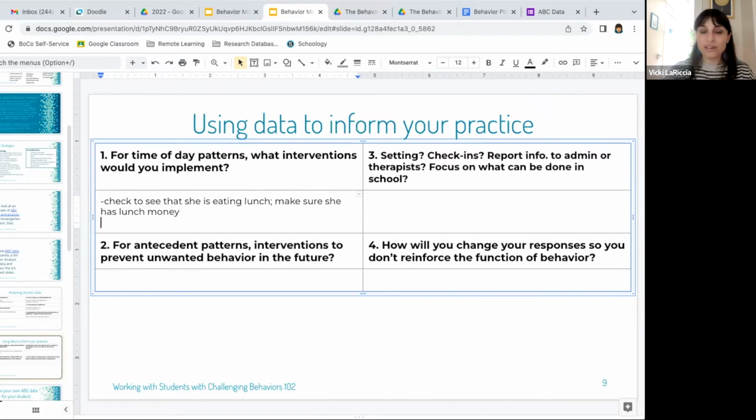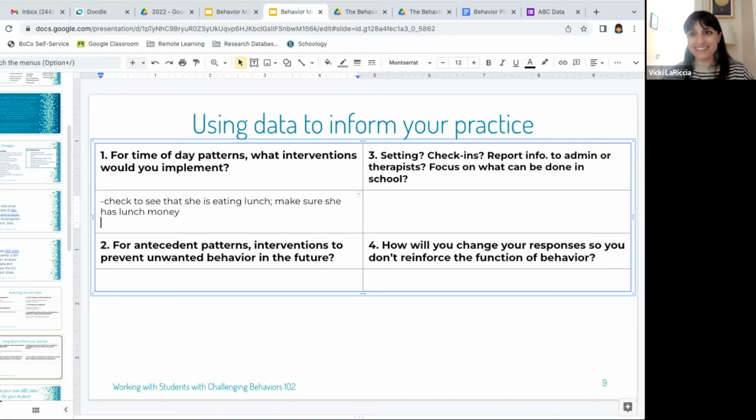So what can we do for her? What are some interventions we could do for her if either of those is true? Someone says find alternate or flexible choices for her to make.